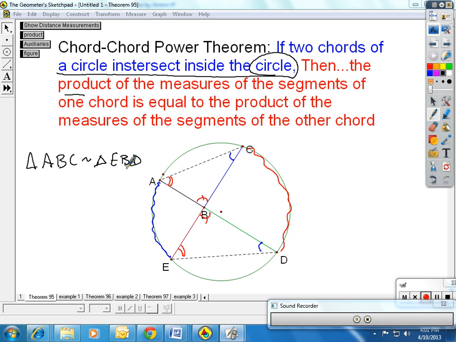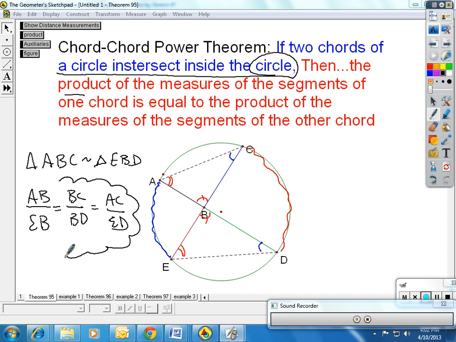Immediately, once we have triangle similarity, where do we go with this? Set up your proportions. AB over EB is equal to BC over BD, which is equal to AC over ED. Now, using this fact, I'm going to ignore this one here.